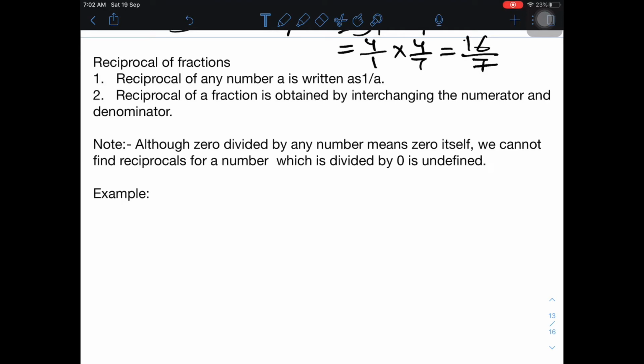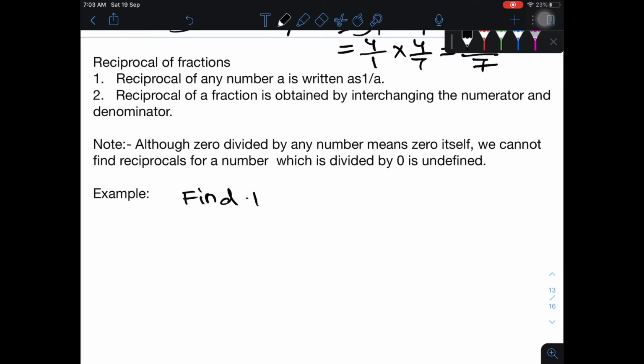But you have to remember that 0 divided by any number means 0 itself. We cannot find the reciprocal of a number which is 0 because it is undefined. Okay. So to understand the reciprocal, I am taking an example.